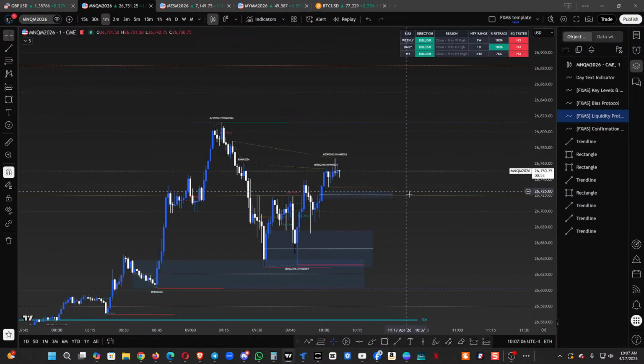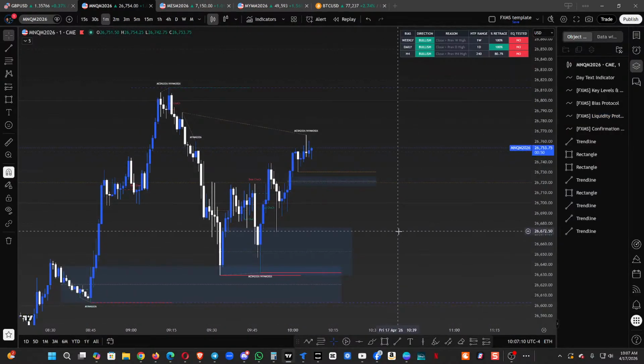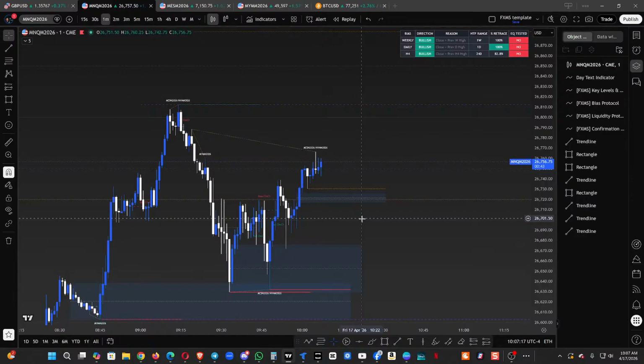Well, lots of bearish divergences firing off now. Still making its way up.